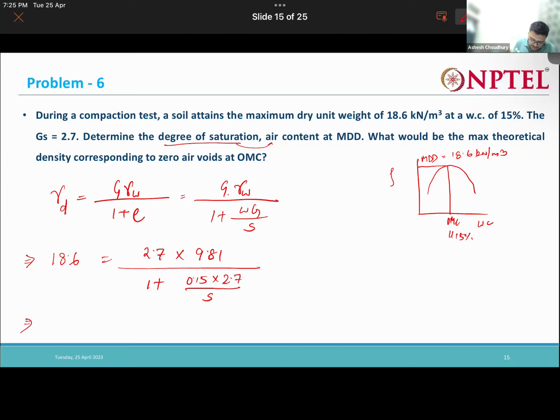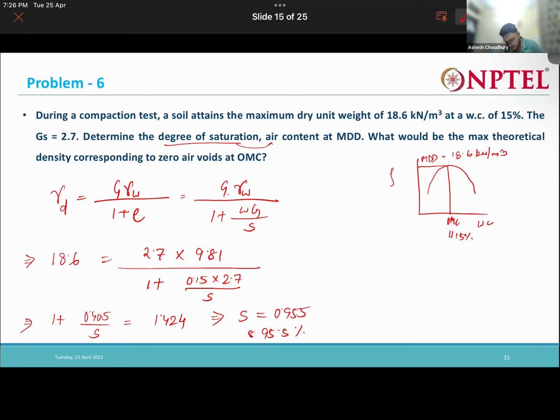From here you need to find out the value of S. It comes to about 95 percent, 0.95, or 95.5 percent.